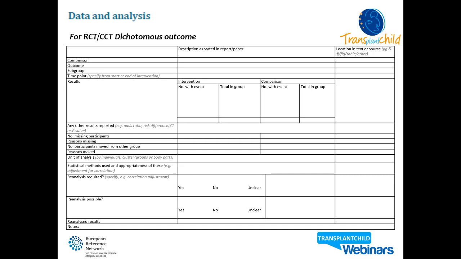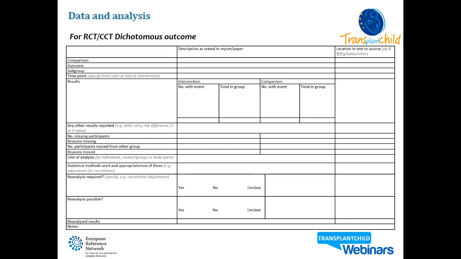So you can say, okay, we don't have the raw numbers, but we have this odds ratio or this risk ratio. Okay, and then number of missing participants, reasons for missing, as we mentioned before, number of participants moved from one group to another group, the reasons, the unit of analysis, again, if it's individuals, cluster groups, or something like that. If they have done some statistical methods, it could be nice if you can report them here.